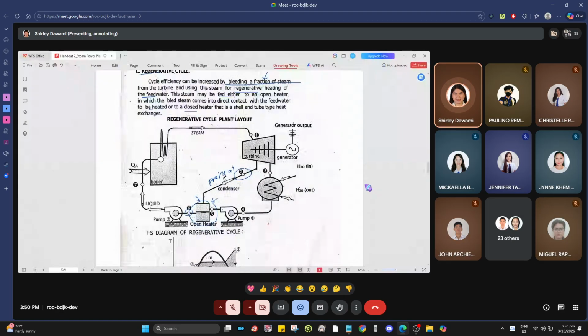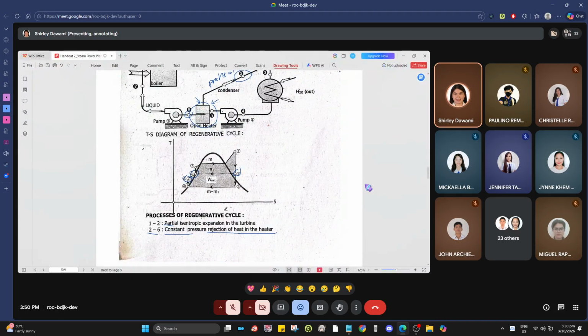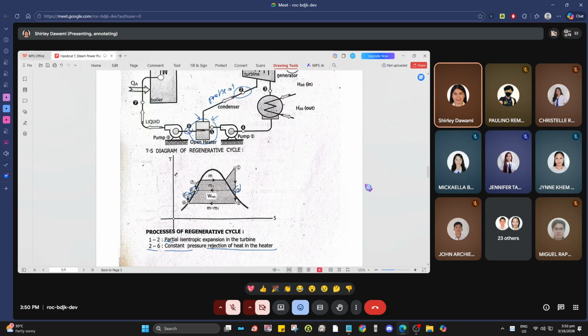The purpose of preheating the feed water is so that the heat energy needed to turn that liquid into steam is not as large. We can verify this on the TS diagram: it comes out of the feed water heater at state 6 as saturated liquid.